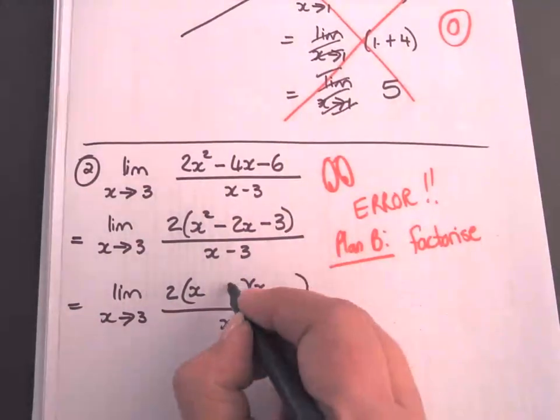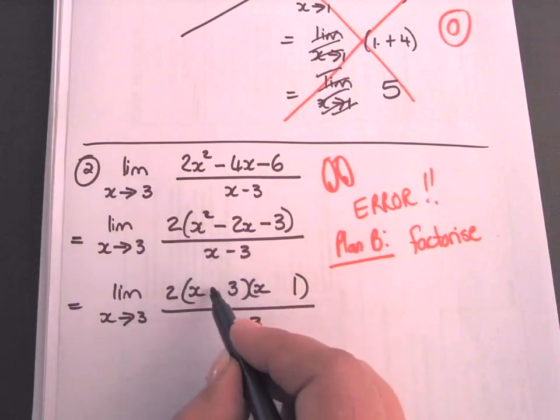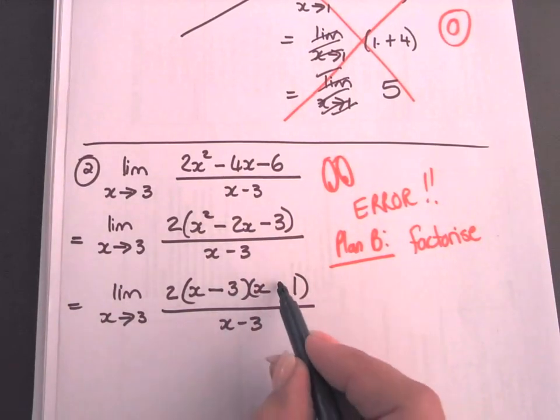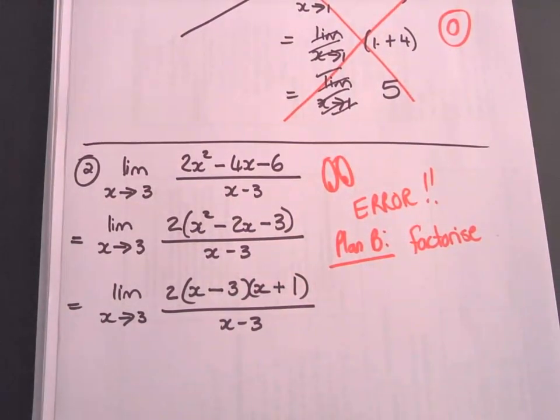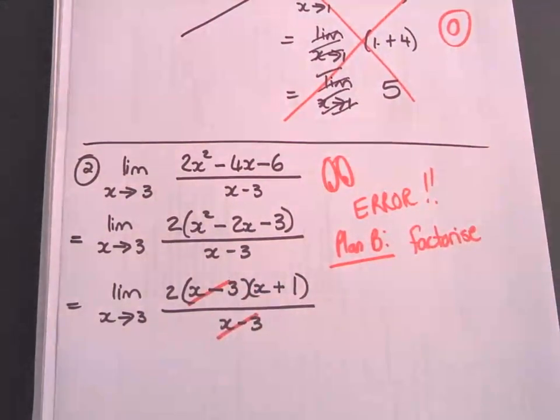The 3 is 3 times 1. It's negative 2x, so it must be minus 3x plus 1x. And now you look again. Is there something that can cancel out? Oh, yippee. Those can cancel out.